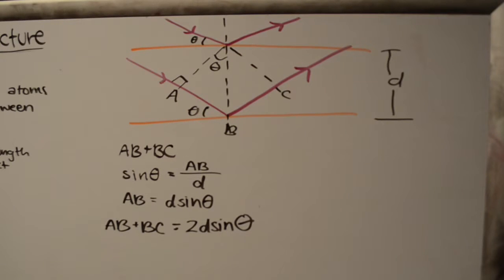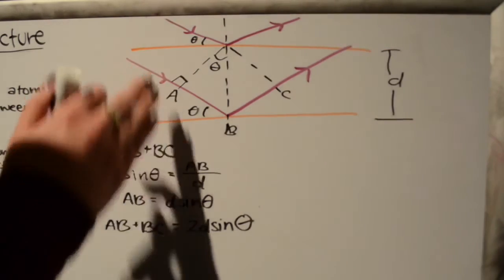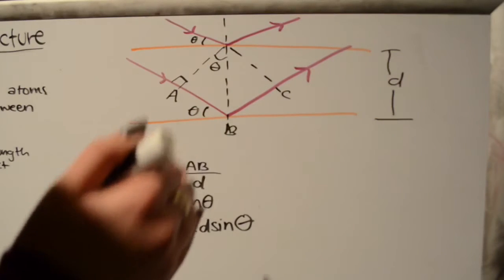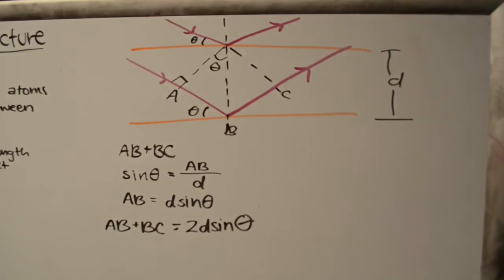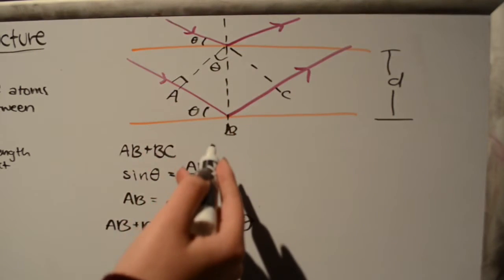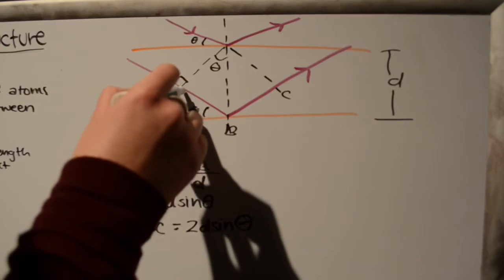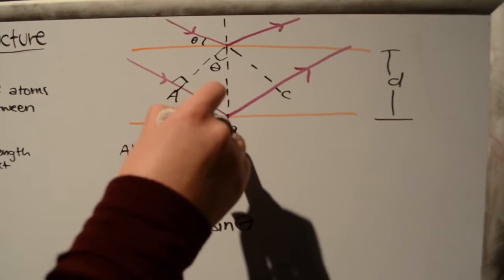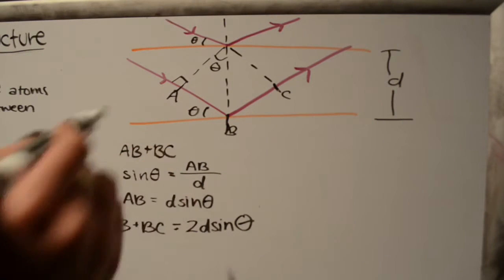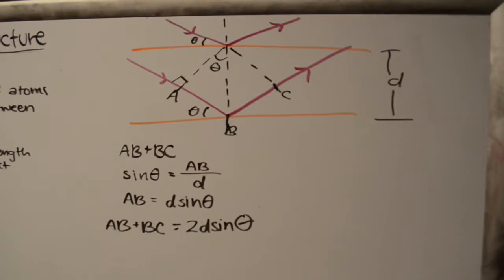It's also important to note that the two X-rays have to be in phase with each other, both when they enter and exit the crystal after they've been diffracted. So for the X-rays to stay in phase with each other, that means that this path length difference, this AB plus BC, has to be some whole integer of the wavelength.